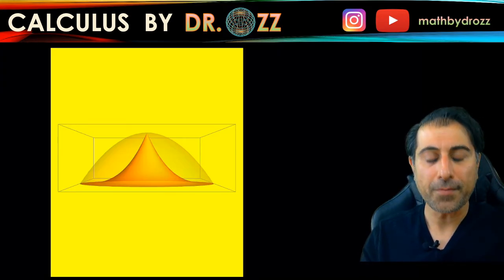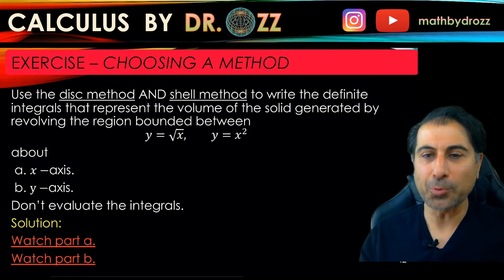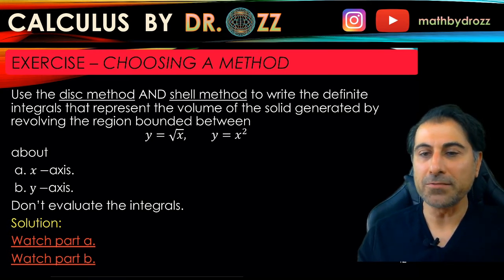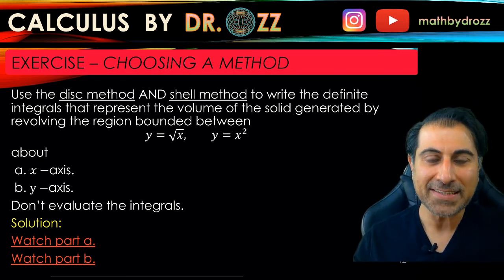And the second exercise in the list, again, you're given a region bounded by two curves, radical x and x squared. In one case, you're going to revolve the region about the x-axis. In the other case, about the y-axis.